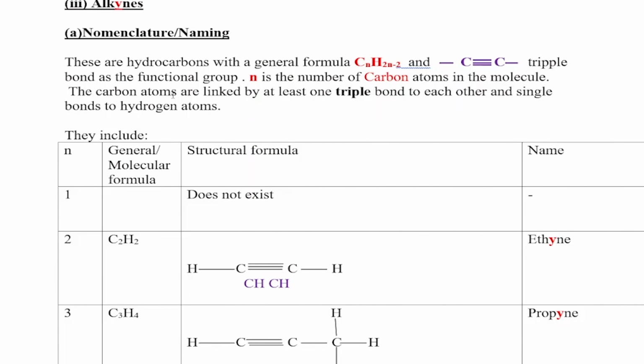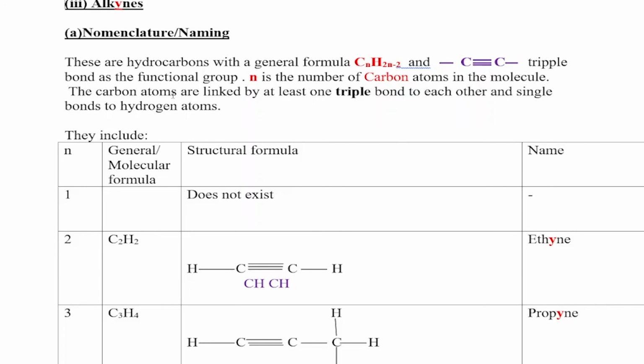The first member of the alkyne family is where n is 2, because carbon 1 does not exist in nature. And where n is 2, when we substitute in that formula, it becomes CH triple bond CH, and the name is called ethyne.